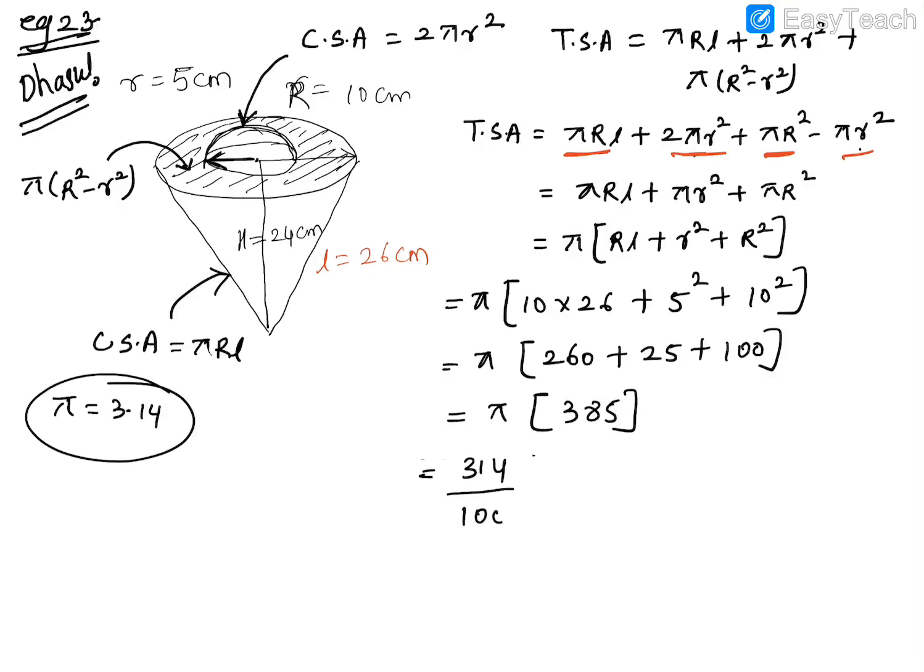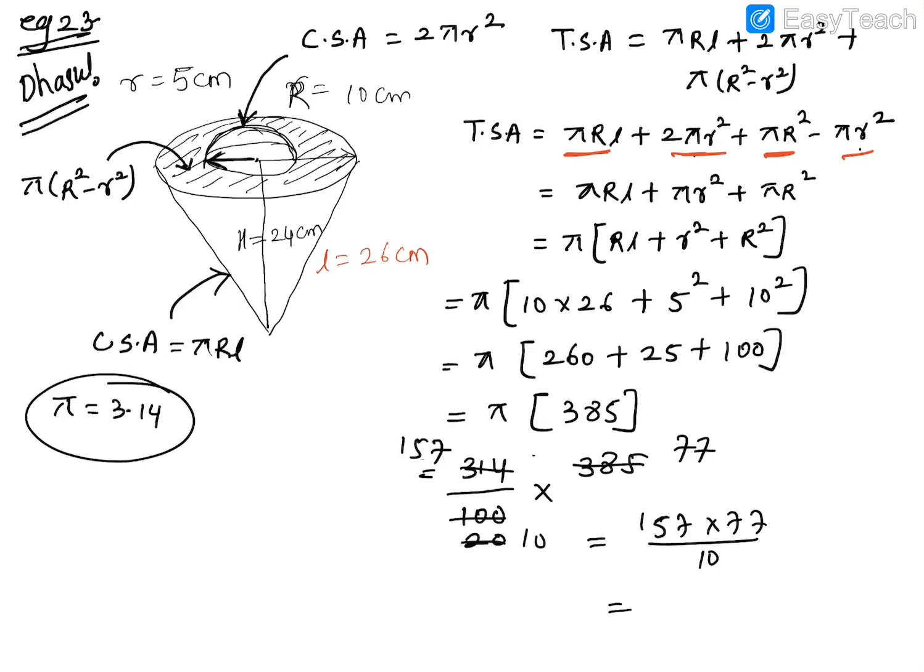So 314 upon 100 into 385. So now 5 twenties are, 5 sevens are 35. Now 2 tens are, 2 157s are. So now you simply multiply 157 into 77 and then divide by 10.